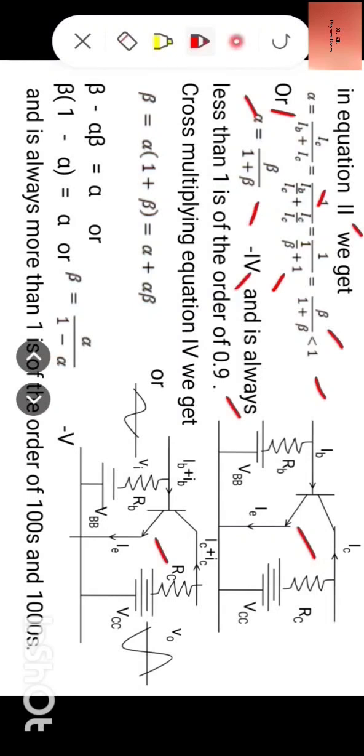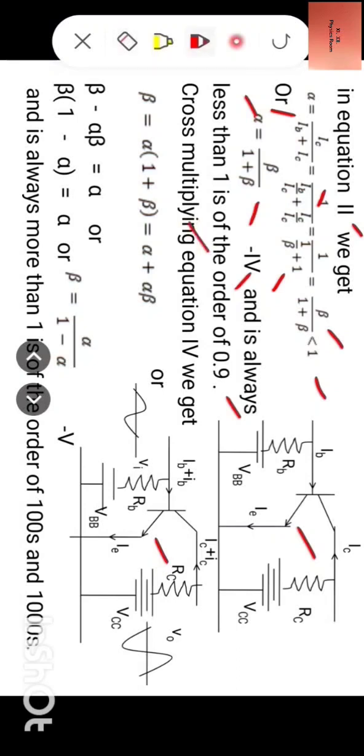So whether it is beta DC or beta AC, accordingly you choose the circuit. If beta AC is asked, choose the circuit for AC, and if beta DC is asked, choose the circuit for beta DC.